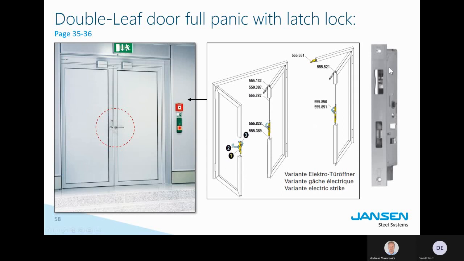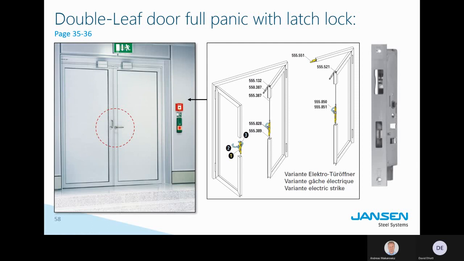And for that, we use the so-called panic counter box. And this is a type of counter lock. If you activate the handle on the secondary leaf, there is a metal plate that comes out and pushes the latch on the primary leaf and unlocks the door. Okay? That's actually pretty smart.